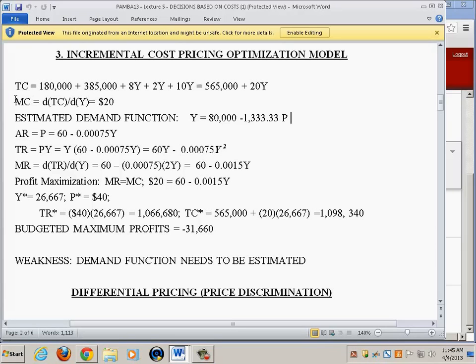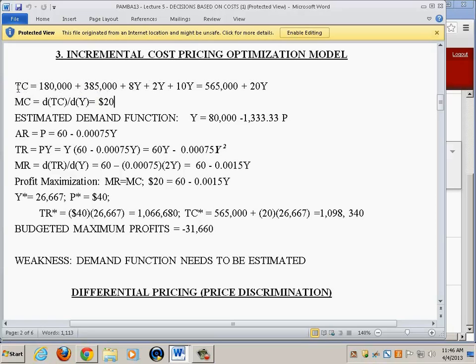Well, the marginal cost, as we all know by definition, mathematically is the first derivative of the total cost, DTC, with respect to volume, the number of units, dY, so DTC/dY.